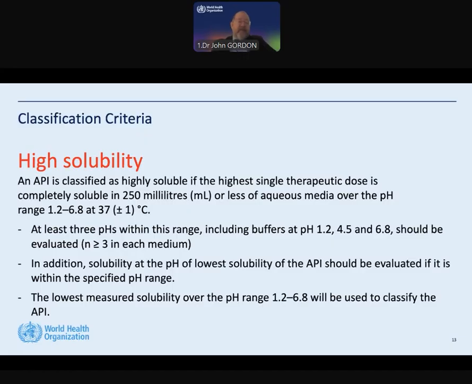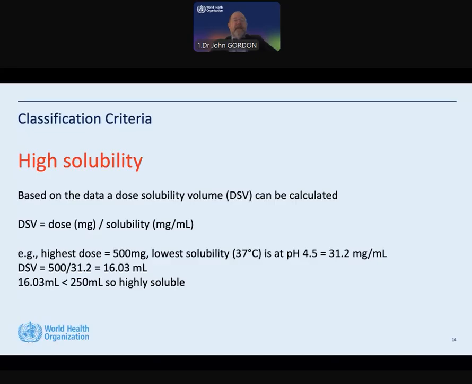So for example, if it's known in the literature that the lowest solubility point for an API is at 3.2, then we would expect, within the context of this guideline, that the solubility study also be conducted at pH 3.2. Once you have your solubility data over that range, the value with the lowest solubility over the range will be used to classify the API within the BCS.